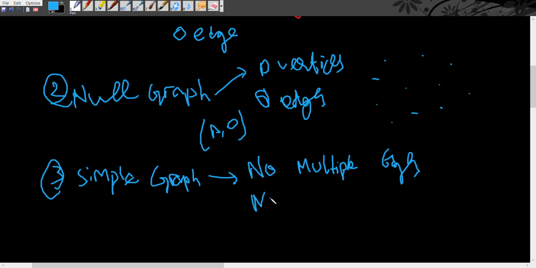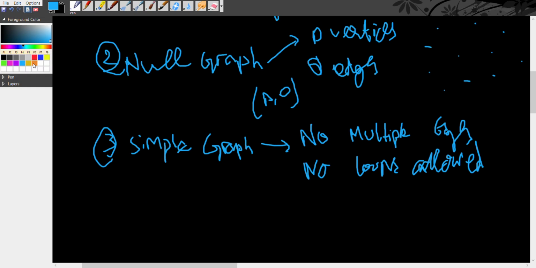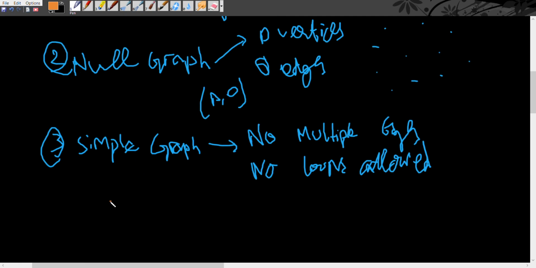Also no loops are allowed. So let me give an example. Say you've got one vertex here and another vertex here, say this is vertex A and this is vertex B, and this is an edge connecting these two vertices. So this is a unique edge.